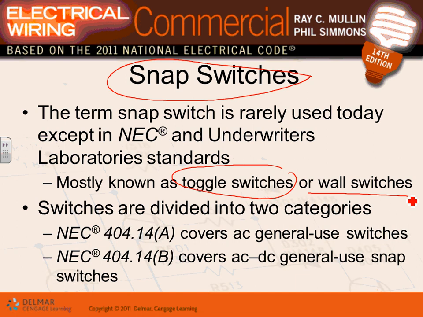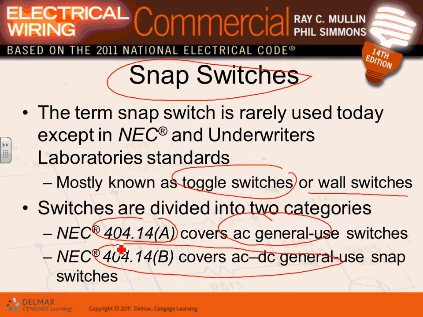Switches, guys, there are two types. The most important type, of course, is the AC general use snap switch. That's used on AC only. You're looking at it right there. And if you're doing DC, then your switch has to be rated to interrupt DC.